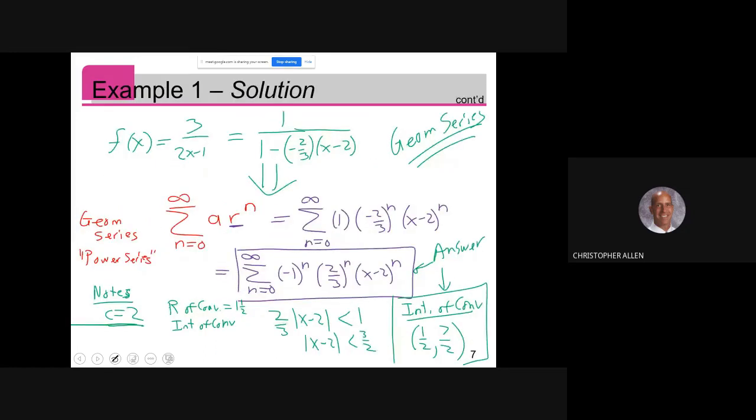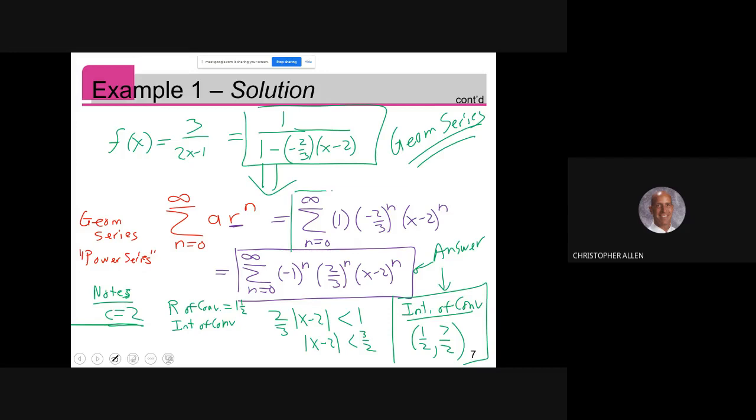The only thing I did up here is I just rewrote it. And then I knew, okay, there's R, here's A. Put A, which is 1, in for that, and R, which is all of this stuff, in here to the nth power. So that made that negative 2/3 to the n, and that x minus 2 to the n. And then I just cleaned it up.